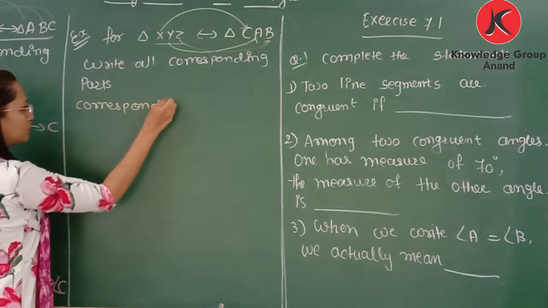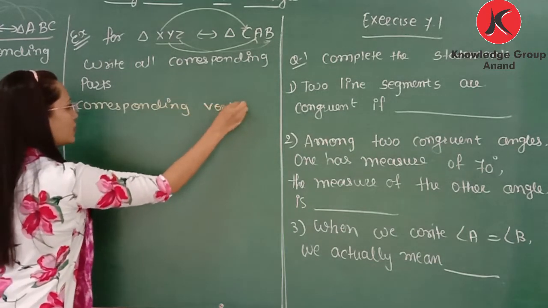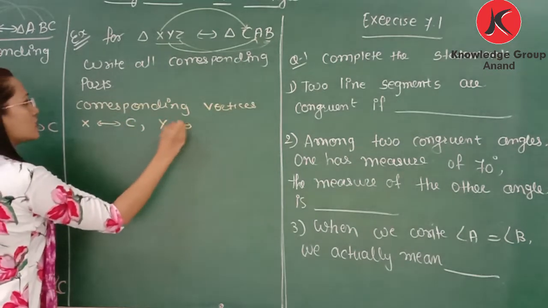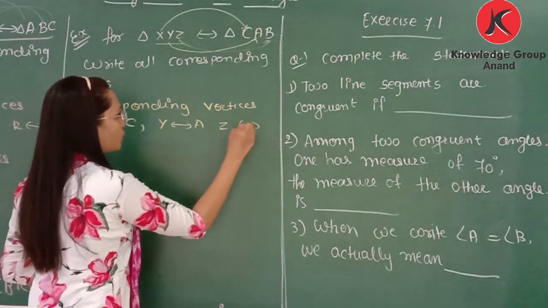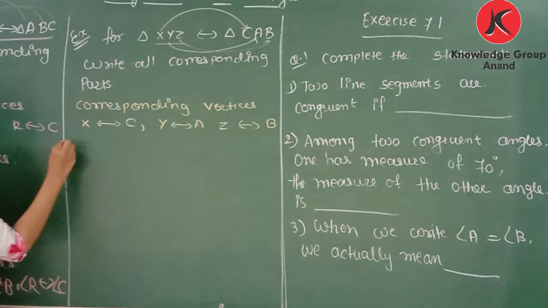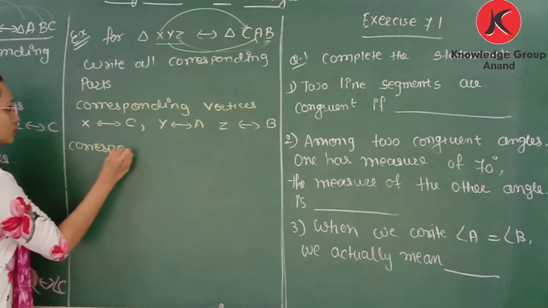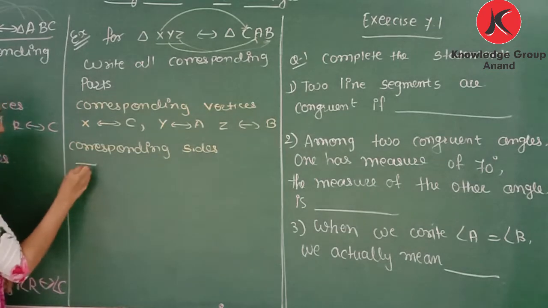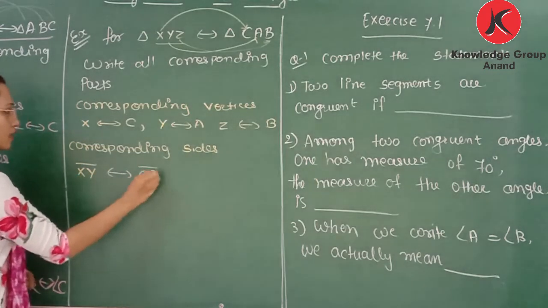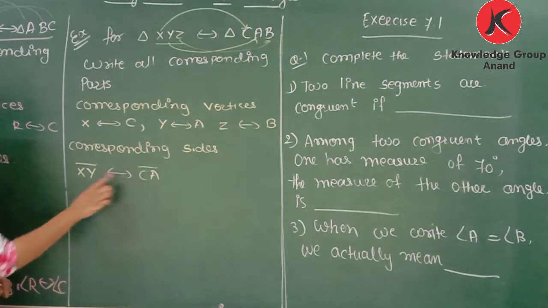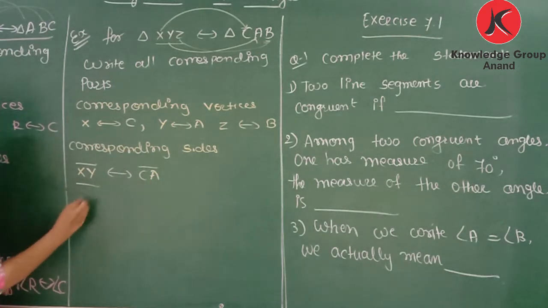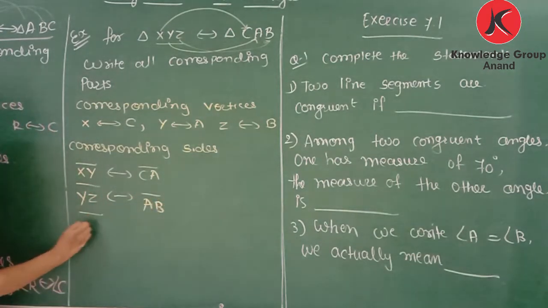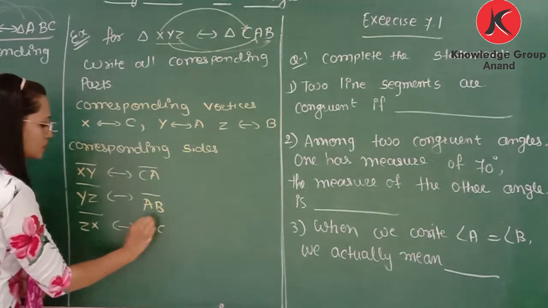Corresponding vertices: X corresponds to C, Y corresponds to A, and Z corresponds to B. Now you can write corresponding sides. Here XY corresponds to CA. X corresponds to C and Y corresponds to A. Now YZ corresponds to AB and ZX corresponds to BC.